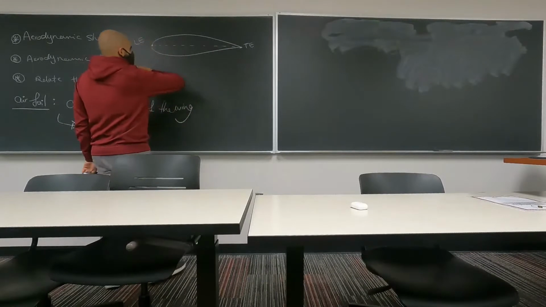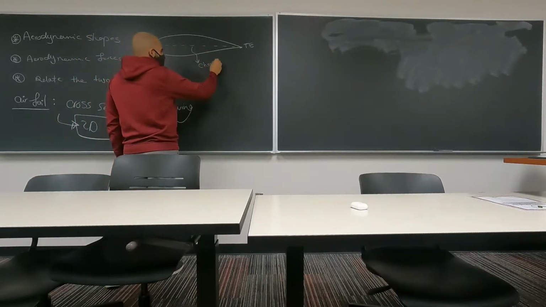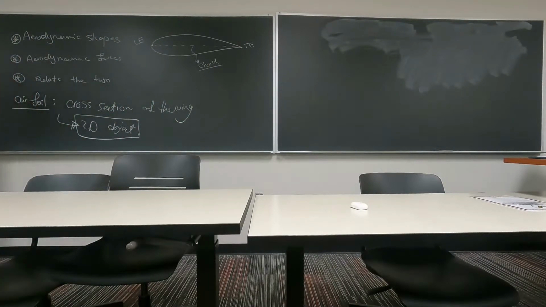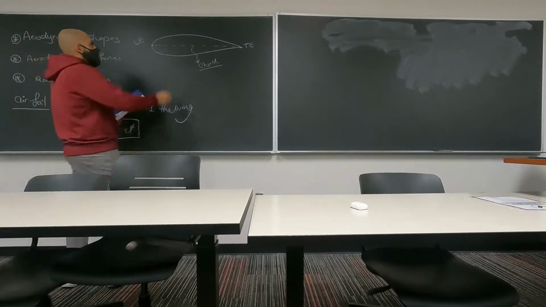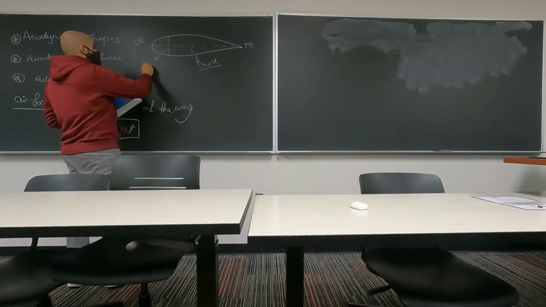The smallest distance between the two is called the chord length, or chord in general. And this is a value we deal with a lot. We usually identify airfoils based on their chord length and some other numbers, right? The distance from top to the bottom of the airfoil is called the thickness.